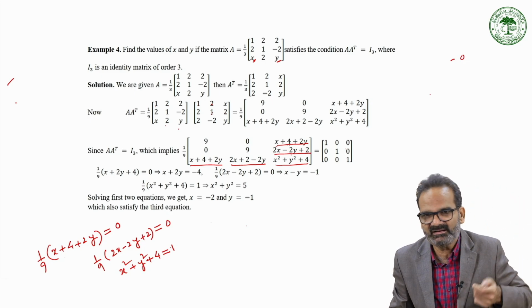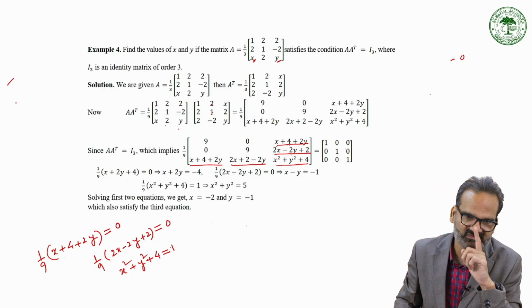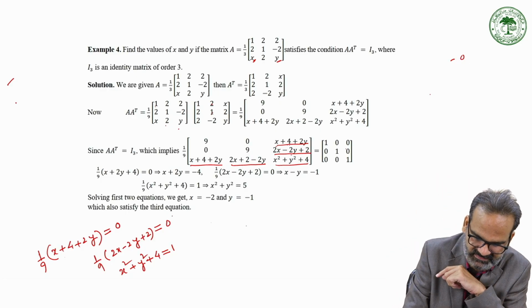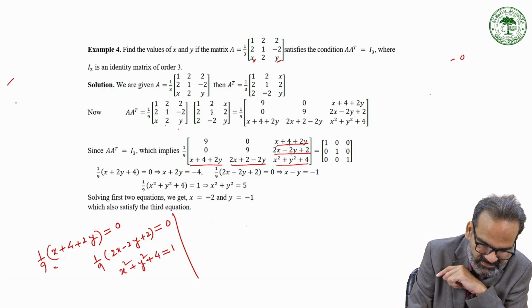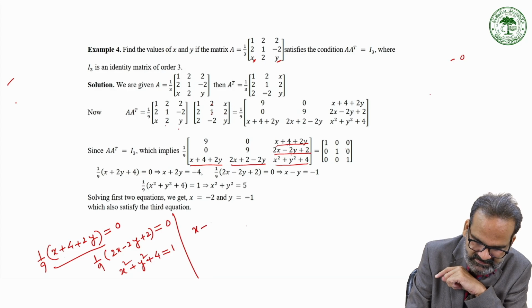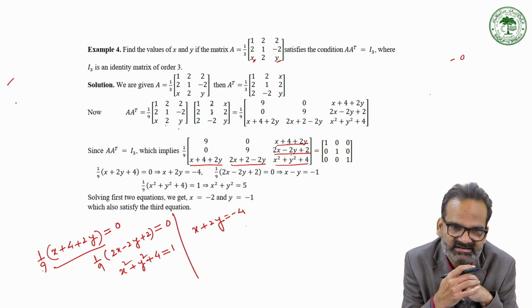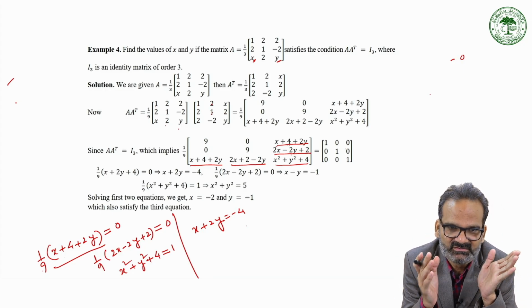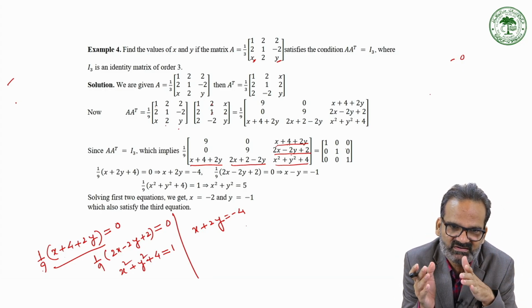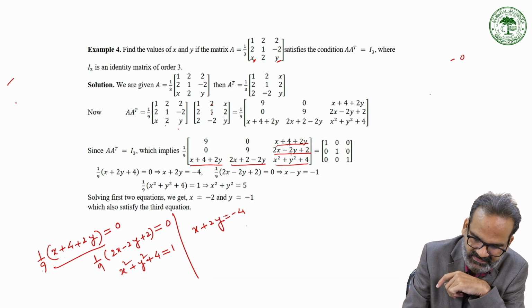Now from these three equations we will find out the values of x and y. See, this equation 1 can be written as x plus 4 plus 2y is equal to 0, because 9 will be transferred from the left hand side to the right hand side. This can be written as x plus 2y is equal to minus 4.